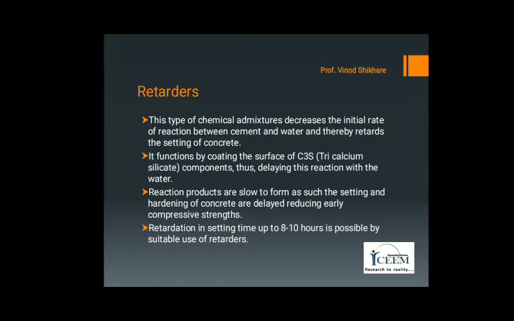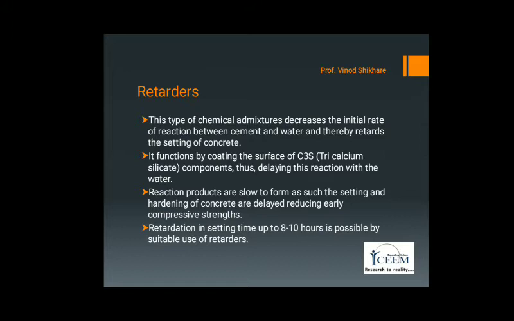In addition to gypsum, there are a number of other materials found to be suitable for this purpose. They are starch, cellulose products, sugars, acids or salt of acids. These chemicals may have variable action on different types of cement when used in different quantities.